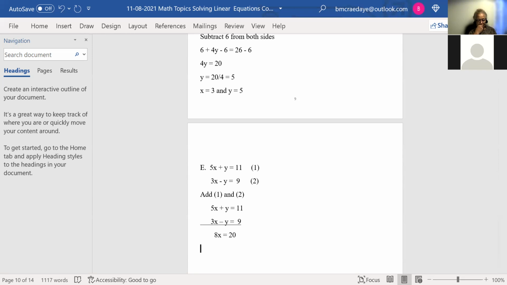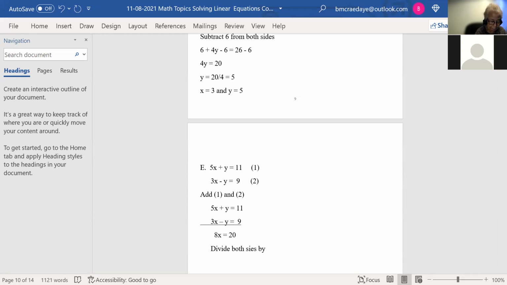Subtract 8 from both sides? No. 8x means 8 times x. That's multiplication. What's the opposite of multiplication? Division. So what would I do? Divide both sides by 8. That's right.